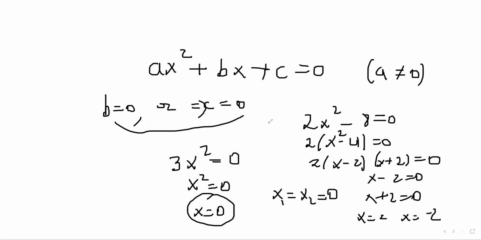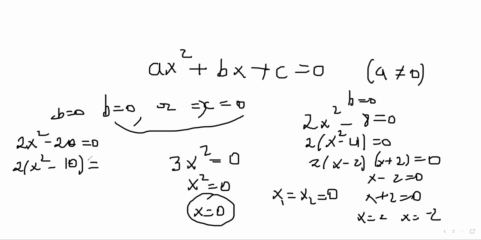As a matter of fact, we also mentioned other incomplete equations. For example, 2x squared minus 10 equals 0. In this case, b is 0. This is also the b equals 0 case. We said that in this case, we can find the root of 10, and we can solve it: 2 times (x minus root 10) times (x plus root 10).